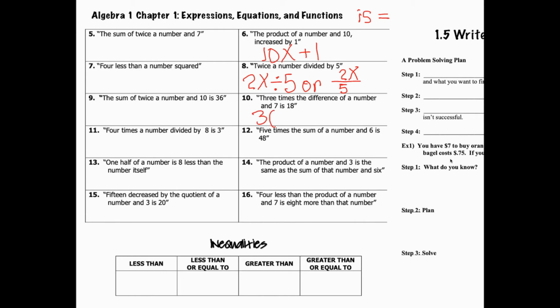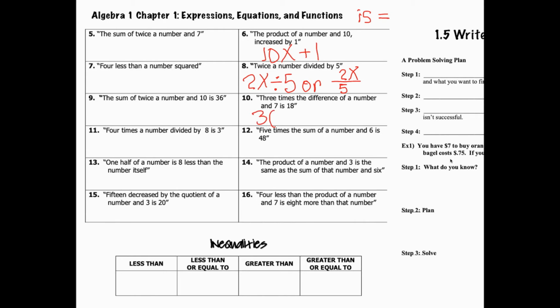5 times the sum of a number and 6 is 48. Again, we have parentheses, x plus 6, equals 48. The product of a number and 3 is the same as the sum of that number and 6.